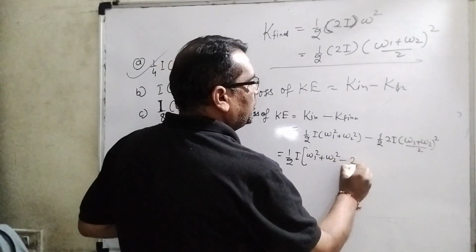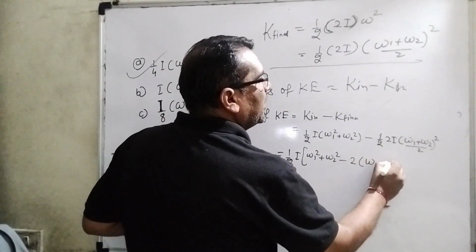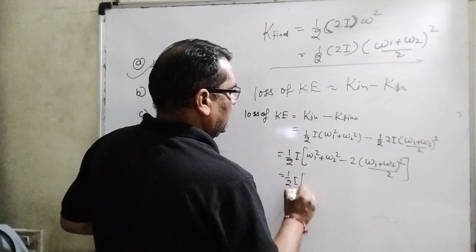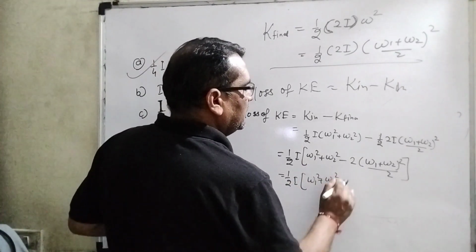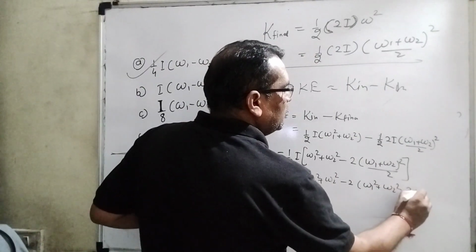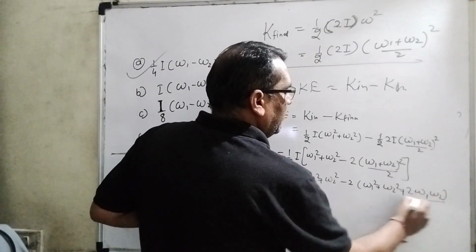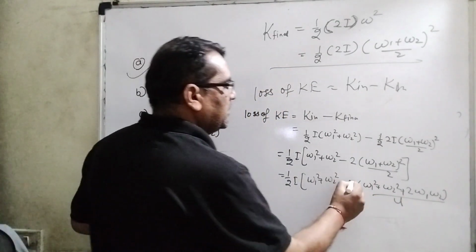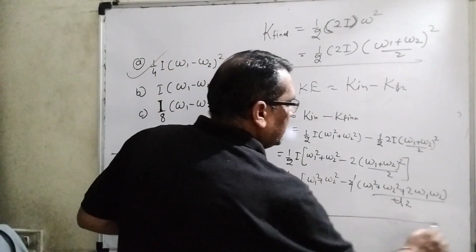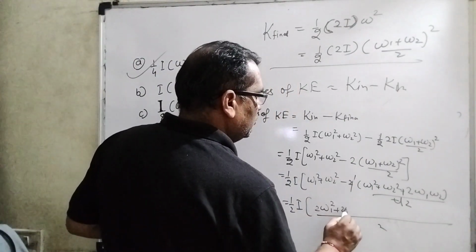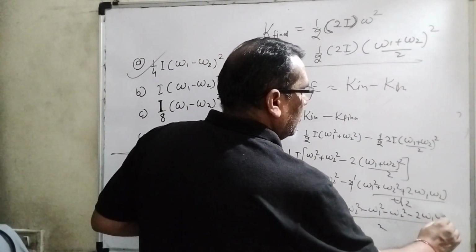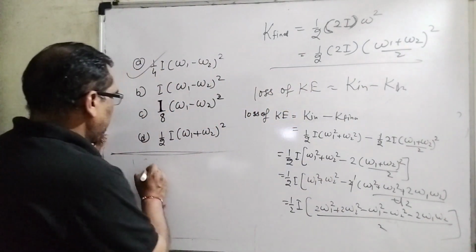Here 1 by 2 and I are common, then 2 is remaining, and omega 1 plus omega 2 whole square by 4, bracket close. 1 by 2 I, omega 1 square plus omega 2 square minus, open the bracket, omega 1 square plus omega 2 square plus 2 omega 1 omega 2 upon 4. 2 ones are 2, 2 twos are 4, then 1 by 2 I, taking LCM, 2 common: 2 omega 1 square plus 2 omega 2 square minus omega 1 square minus omega 2 square minus 2 omega 1 omega 2, bracket close.